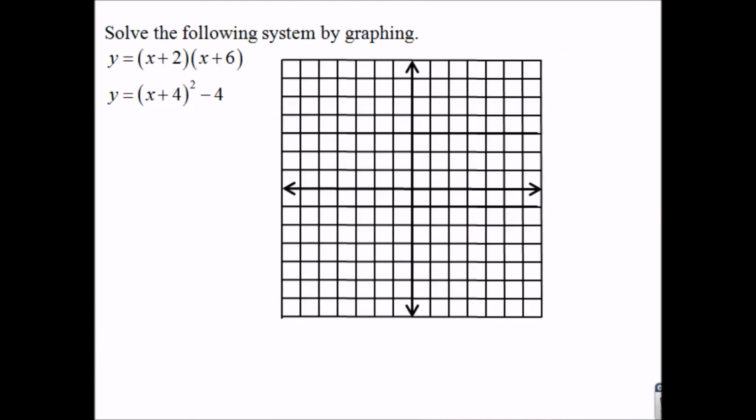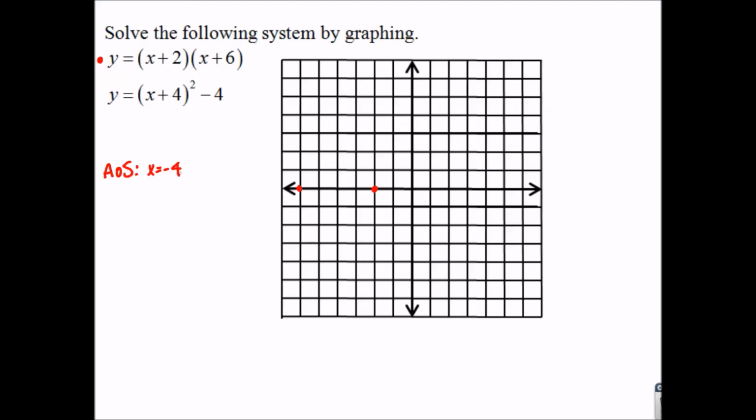It says solve the following system by graphing, and it gives us, in this case, 2 quadratics. The first one is in intercept form. So we know that our x-intercepts are going to be negative 2 and negative 6. So we know that our axis of symmetry is going to be x equals negative 4.